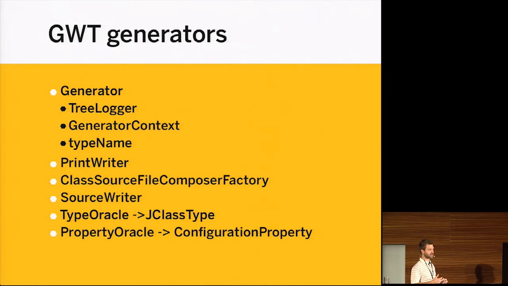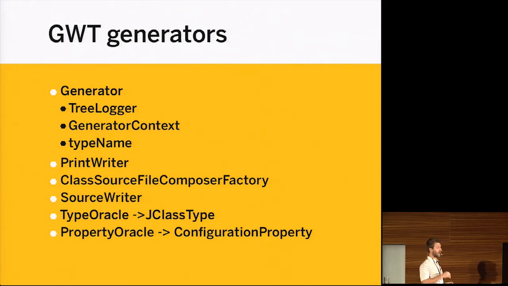The generator context has a type oracle inside it that you can use to explore the types that are under your application. And this type oracle is already pruned of all the classes that are not reachable by the JavaScript code. You could use any other type of code generator, basically. Writing Java from GWT generators is not the only way to generate Java code.